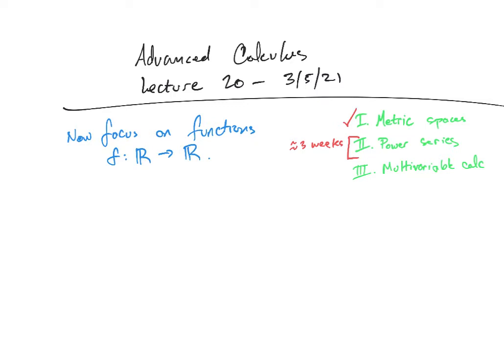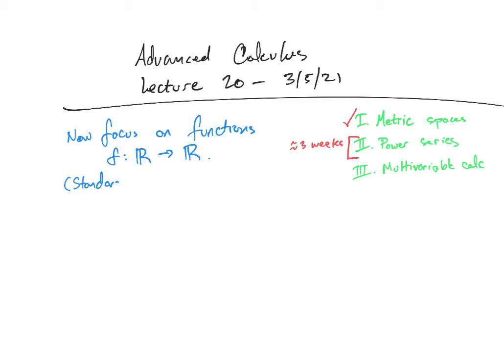No? Okay. Well, we've spent half the semester in a very general context. For the power series section, we're going to specialize now. We're really only thinking about functions from the reals to the reals. So it's the same setting as last semester.